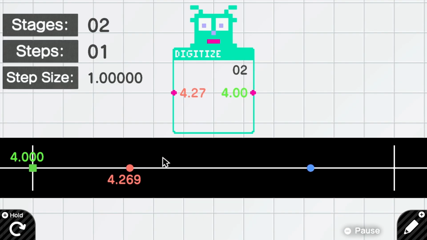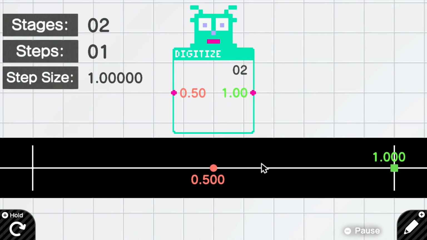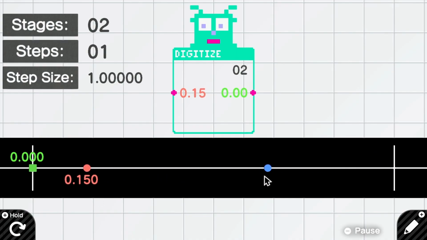Now there's one big caveat here, which is what happens when our input is 0, when this blue dot is 0. Since the input of the digitize is now going to be negative 0.5, now we have a problem.